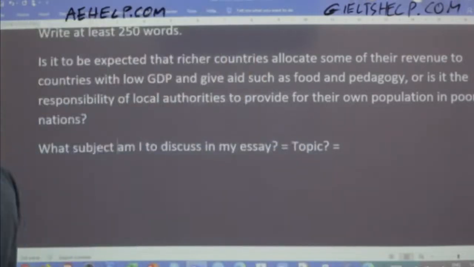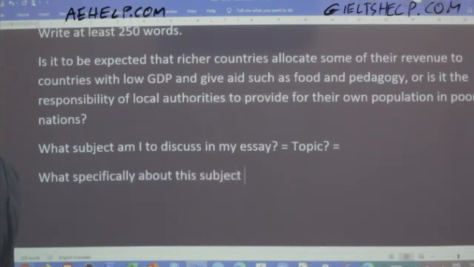And then comes the controlling idea. What specifically about this subject am I to discuss? Okay, and that is the controlling idea.